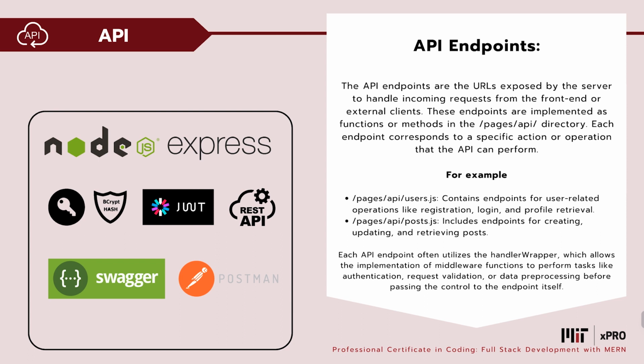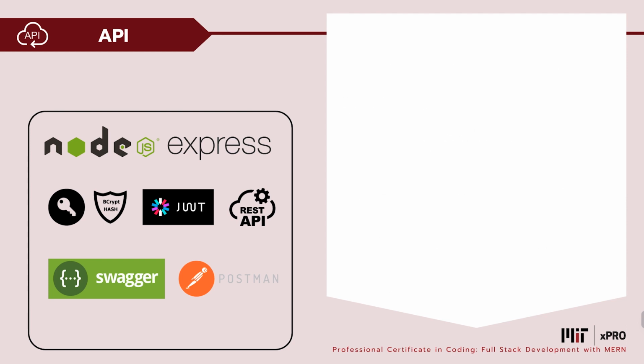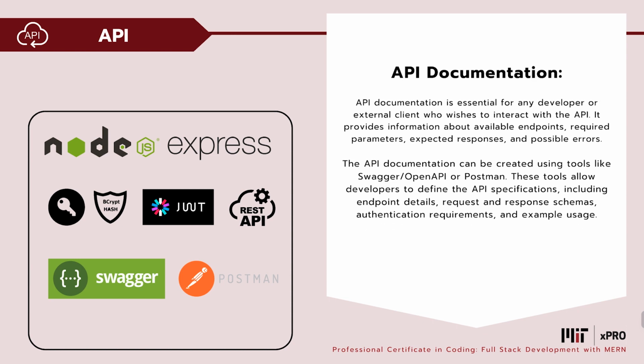Each API endpoint often utilizes the handler wrapper, which allows the implementation of middleware functions to perform tasks like authentication, request validation, or data pre-processing before passing the control to the endpoint itself.